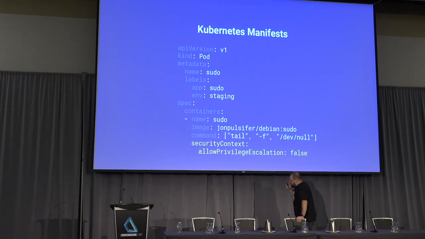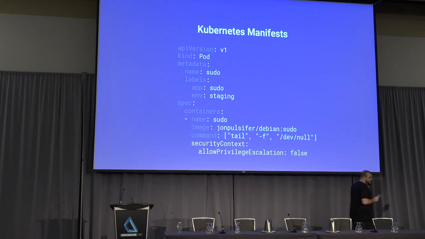The piece that matters the most is highlighted in yellow at the bottom, and this is the security context. The security context in Kubernetes allows us to further explore these isolation primitives that I mentioned at the beginning of the talk, and we're going to talk about how they work. So in this case, allowPrivilegeEscalation is set to false.